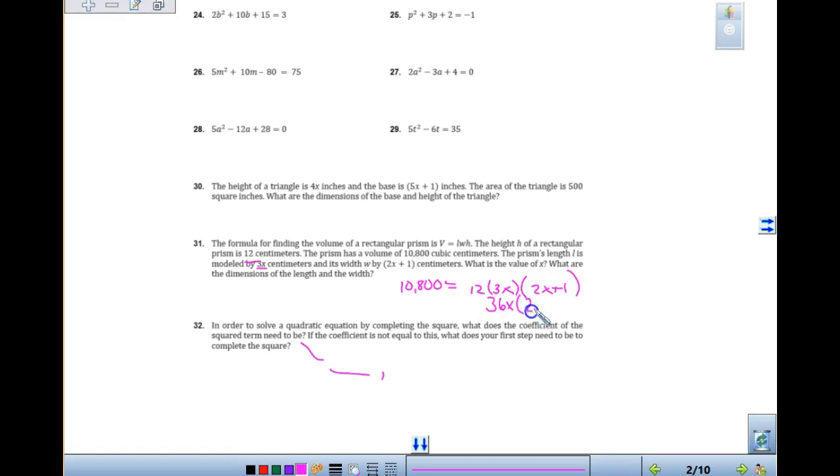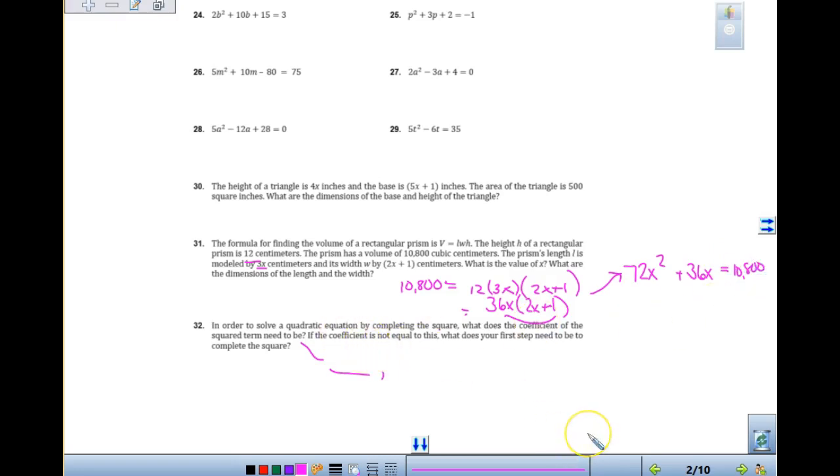Now you're taking that times 2x plus 1, and that is still equal to the 10,800. So we now have a new equation of 72x squared, correct? Plus 36x equal to the 10,800.